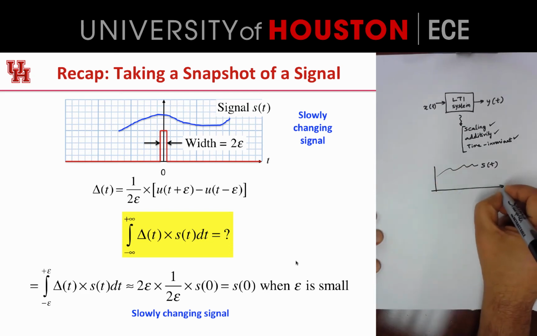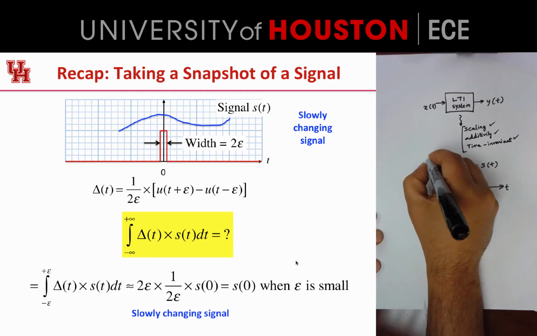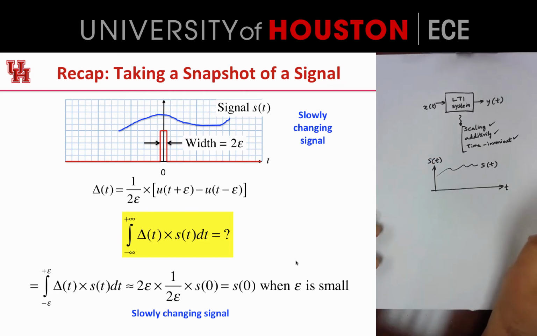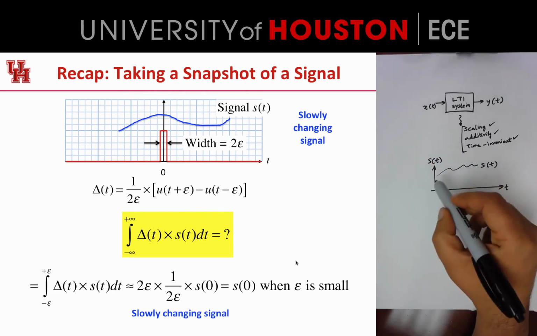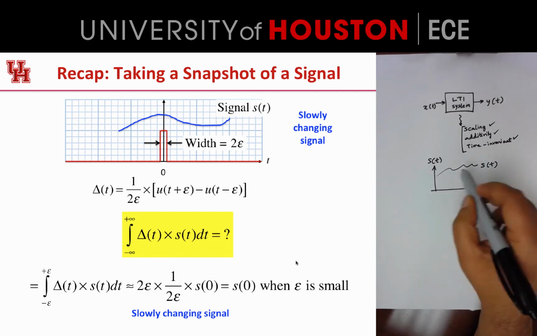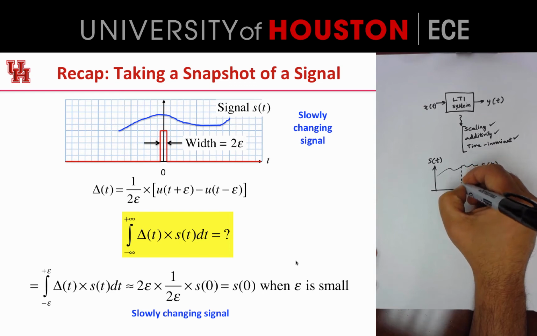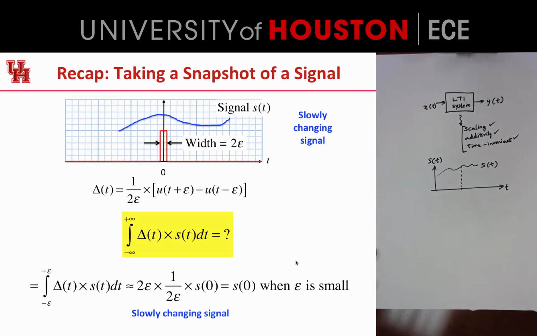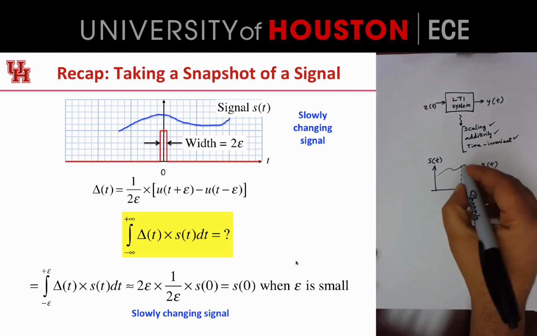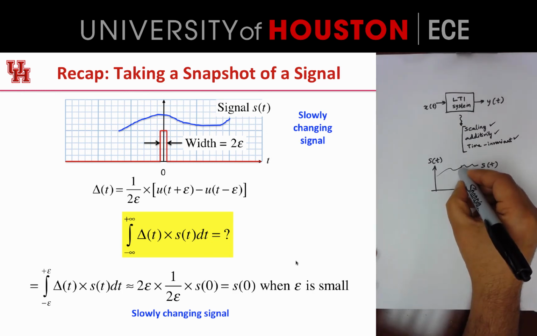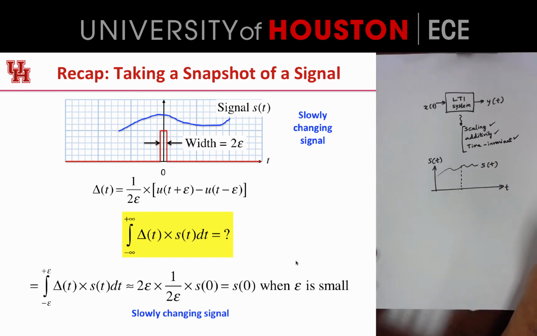This is your time axis, t, and this is s of t, right? Let's consider a signal that's varying slowly. What do I mean by that, right? What I mean by that is that if I were to consider a point in time, this signal does not have a sudden jump at this point. That's all it means, right?